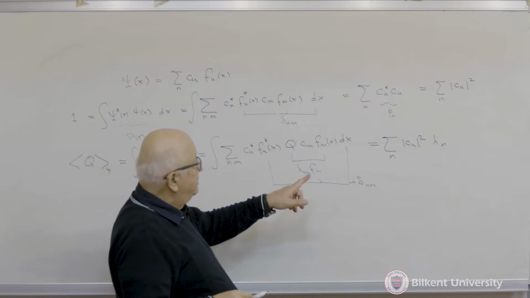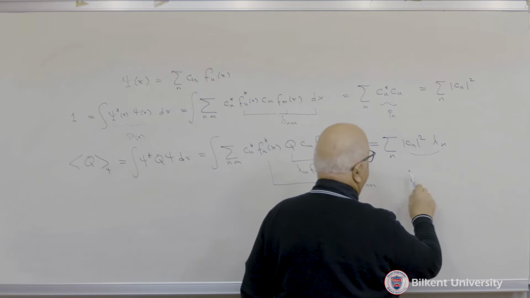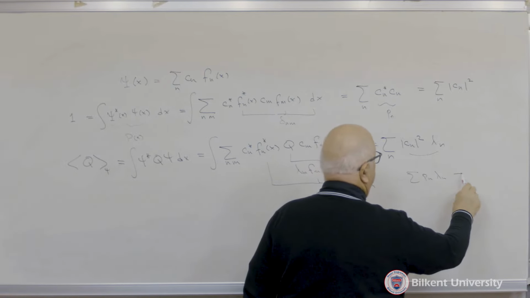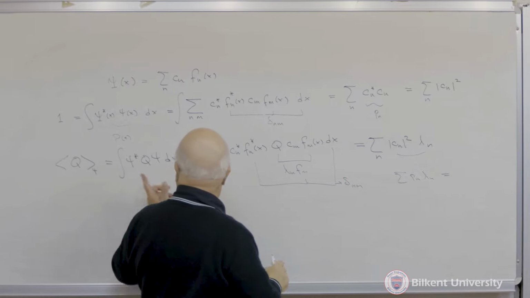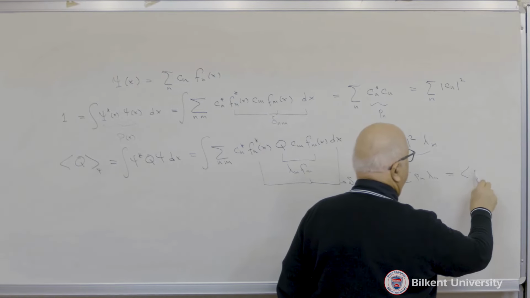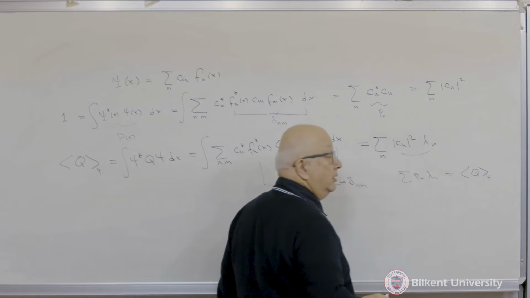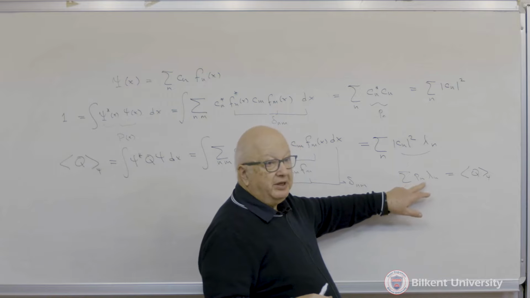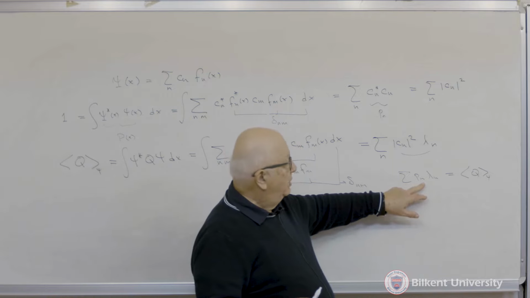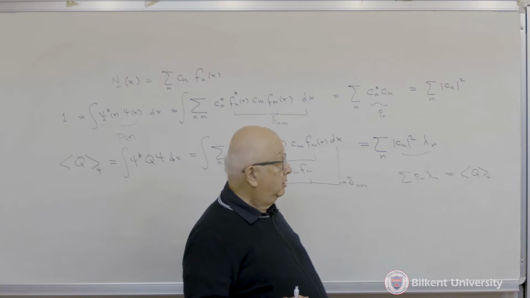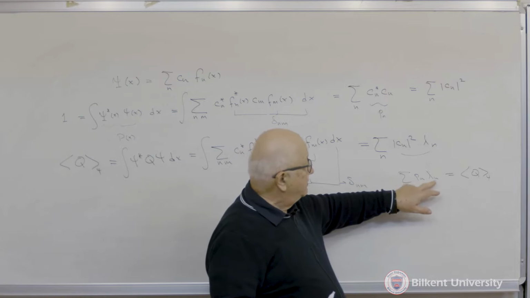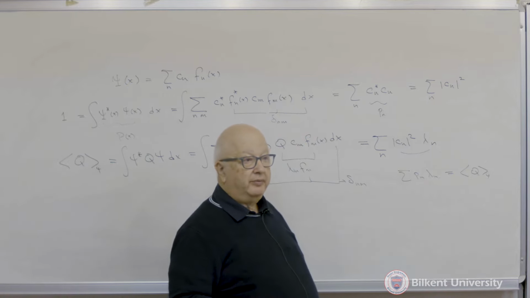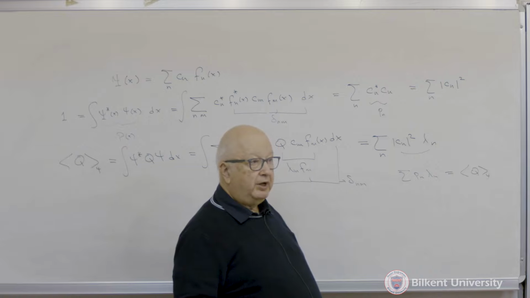So you see, the interpretation of this is just the sum of Pn lambda n, very consistent with our expectation value of psi type of interpretation. The probability of getting lambda n is Pn, and therefore Pn times lambda n just gives me on the average what lambda n is. Okay, any questions?